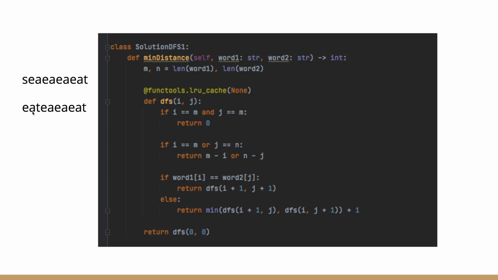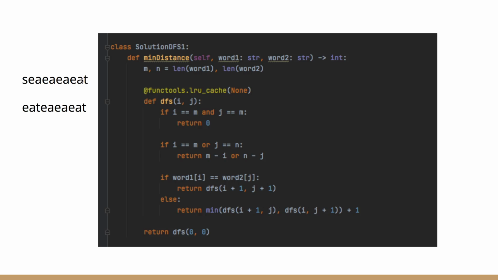So we match EAT to EAT all the way to, in this case, a perfect match. But what if we match all the way to here and I is here and J is already finished? When I is here and J is finished, we need to use the length of word 1, subtract the index I to get how many removals we still need. And those are the 2 cases.